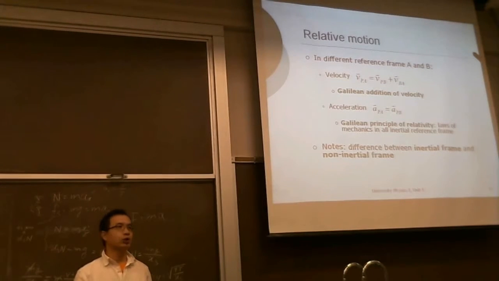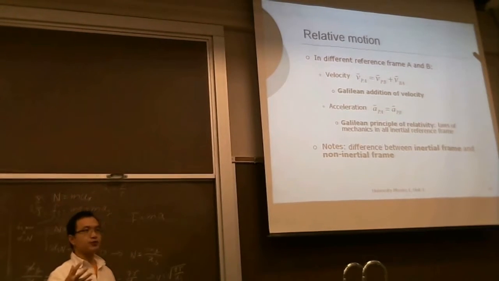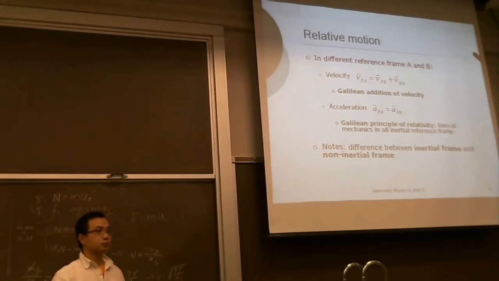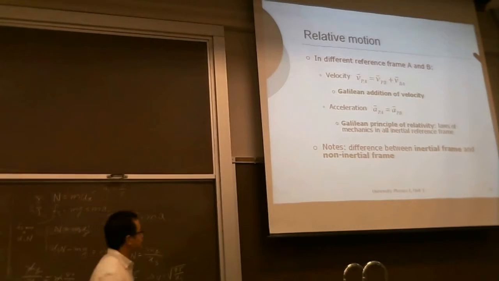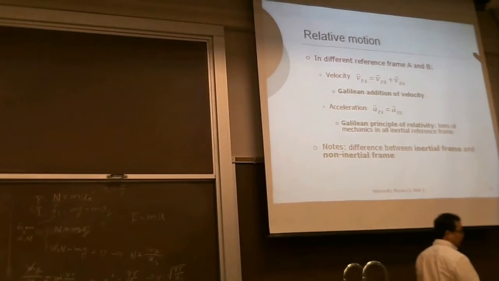In most cases, we don't want to. We're just talking about inertial frames, reference frames moving with constant velocity. It can be a stationary frame like the ground, or a moving frame like the water, but it shouldn't be an accelerated motion.